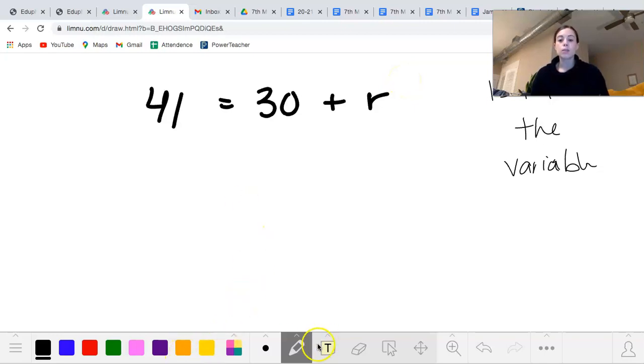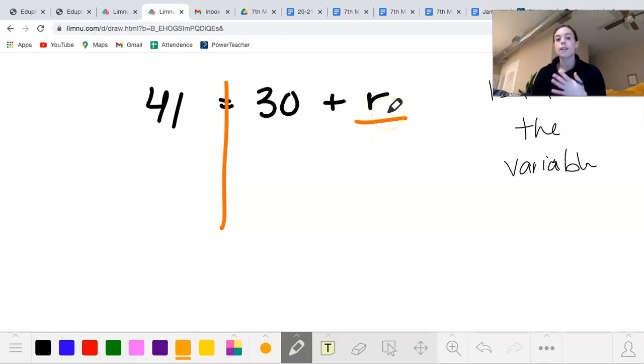So what we're going to do is draw a line in between these two sides of the equation, through the equal sign, so I can have a division of my left side and my right side. That's the first step. Step 2, I identify the variable, and I look at the side that has my variable.